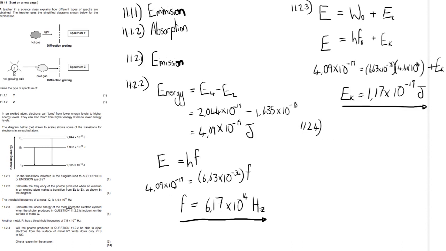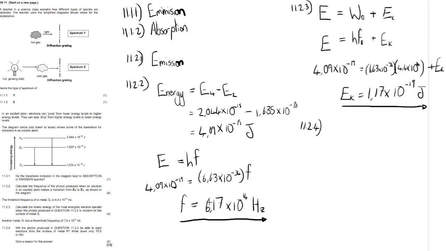I expect, let's have a look, the threshold frequency, I believe, will be greater than the frequency of the photon. Frequency of the photon is 6,17. This is the frequency of that light that is incoming. And I see the threshold frequency is 7,5 times 10 to the power of 14. And so this frequency is insufficient.